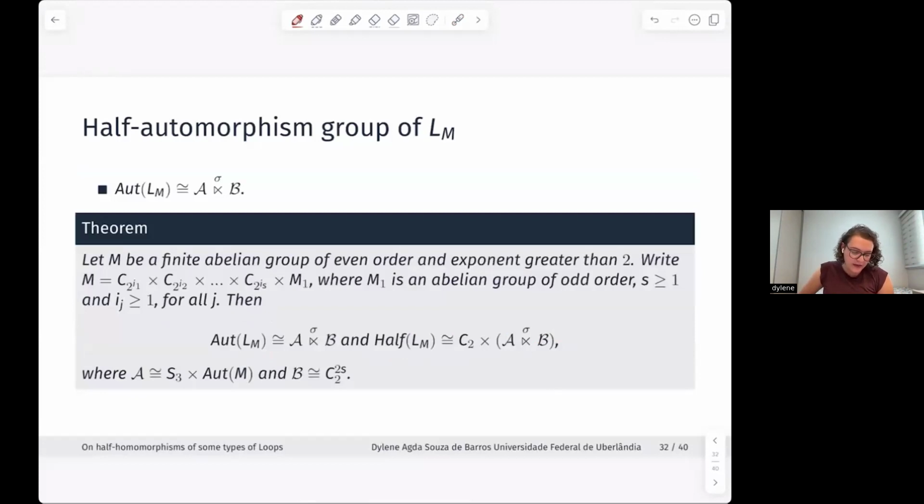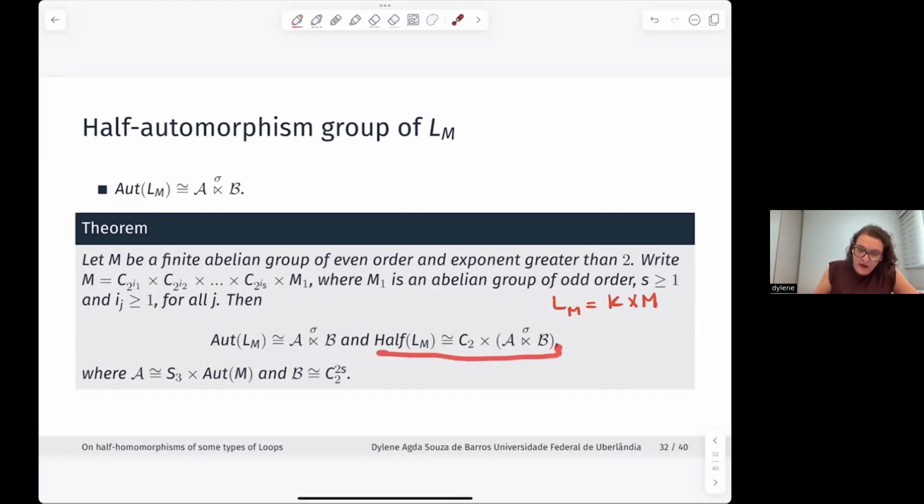So for a finite abelian group of even order, we have this result for the automorphism group of Ln, that loop that we defined in K times M. Then the half-automorphism group of Lm is C2 times this semi-direct product, okay?